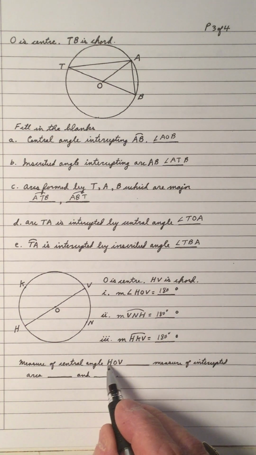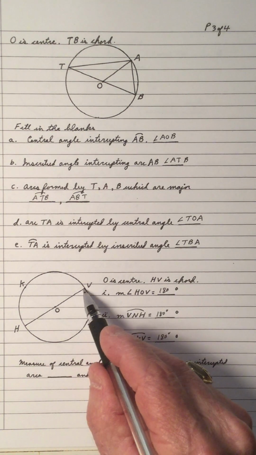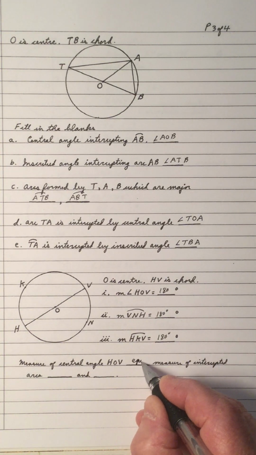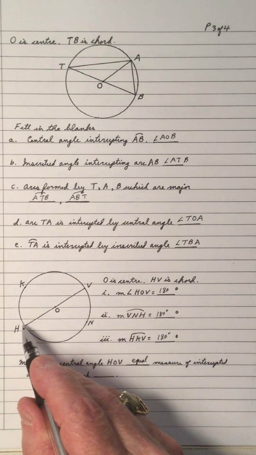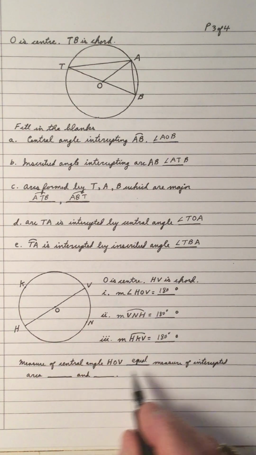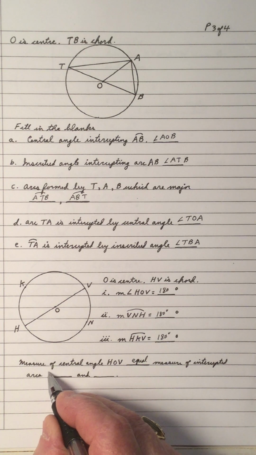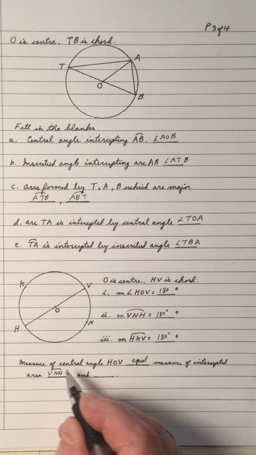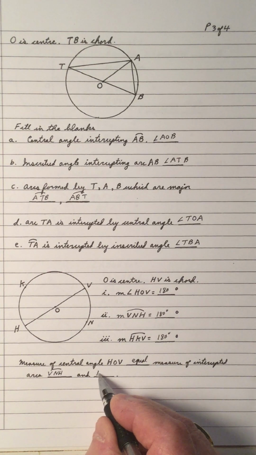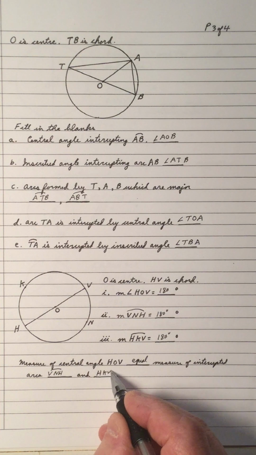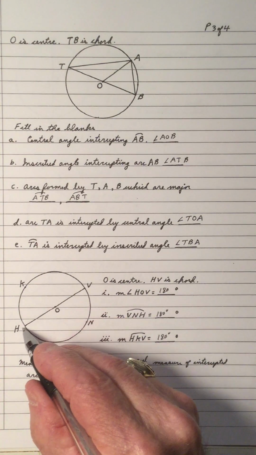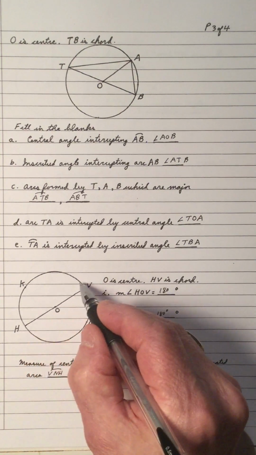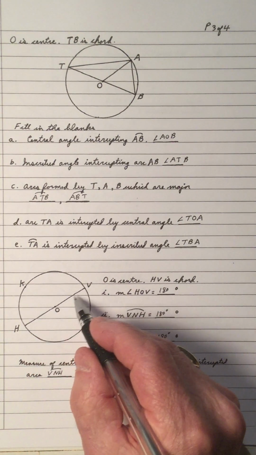So the measure of the central angle HOV, which is in the middle, is equal to the intercepted arc VNH, and is equal to the arc HKV. Because of 180 degrees, which makes this semicircle, these two arcs are both equal to the central angle.